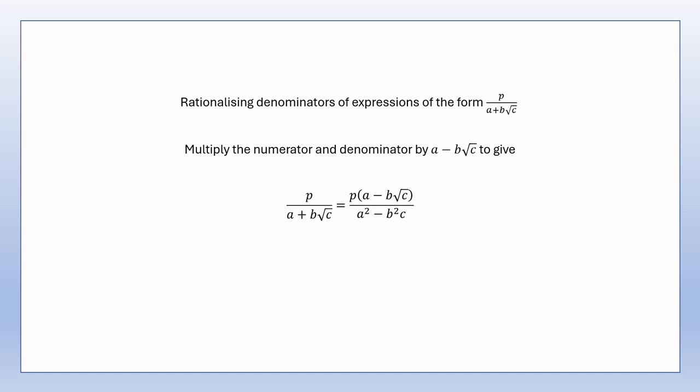And since a, b and c are integers, then so is a squared minus b squared c, and so the denominator is rational again. For example, if we consider the expression 3 over 5 minus 2 root 5, this is equal to 3 times 5 plus 2 root 5 over 5.